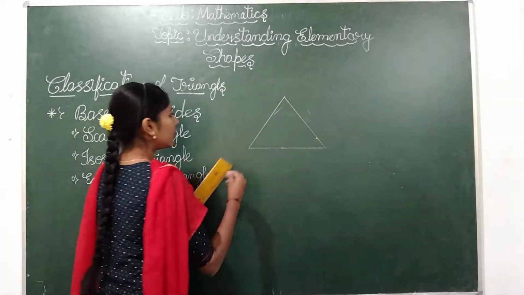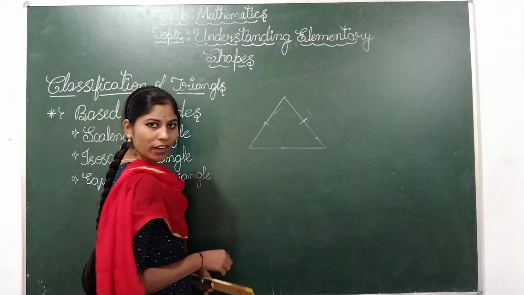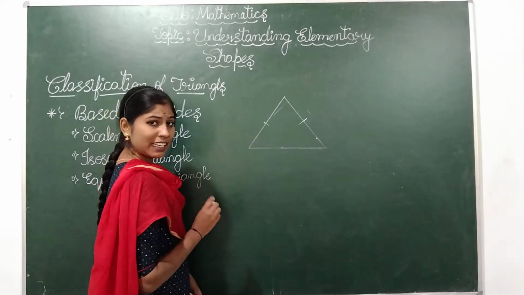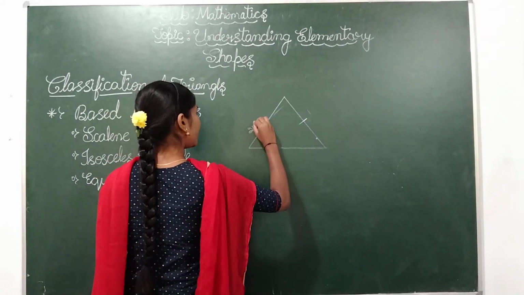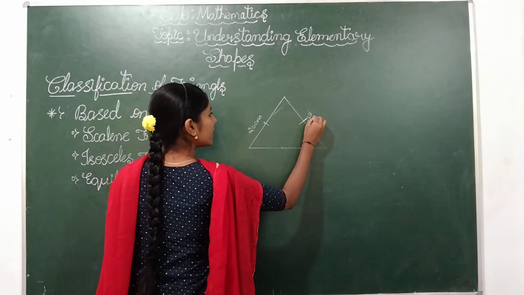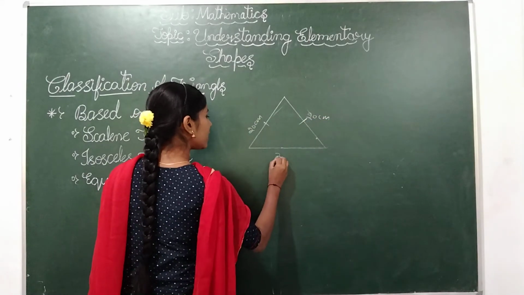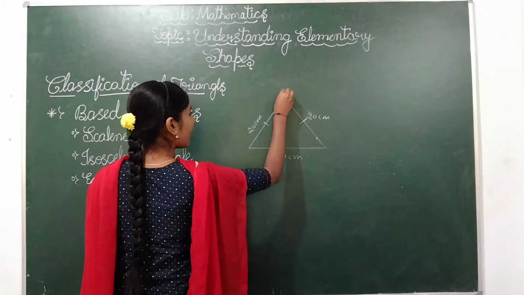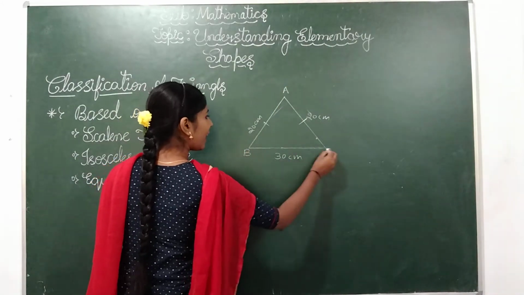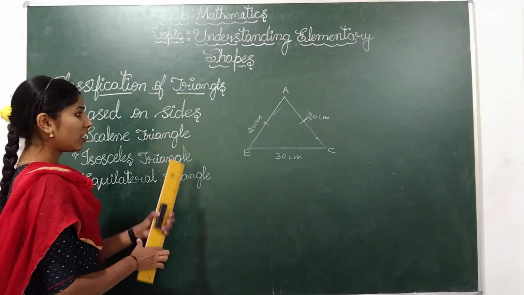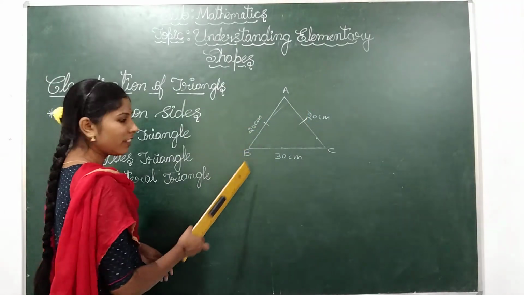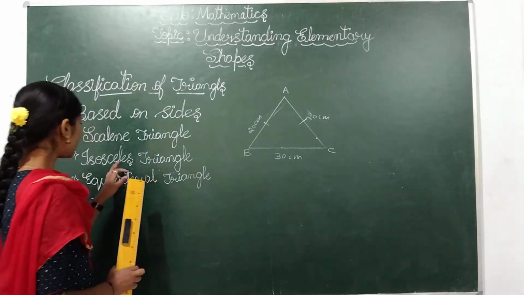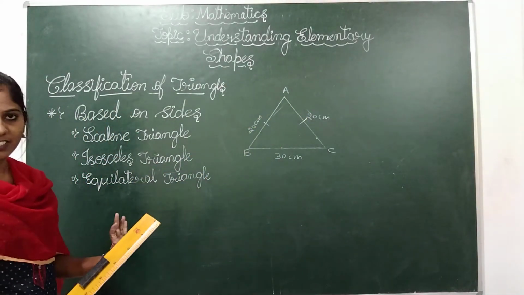Now these two are equal and this is unequal. For example, this is 20 centimeter, this is 20 centimeter and this is 30 centimeter. In triangle ABC, two sides are of equal length and one is different. This is called an isosceles triangle.